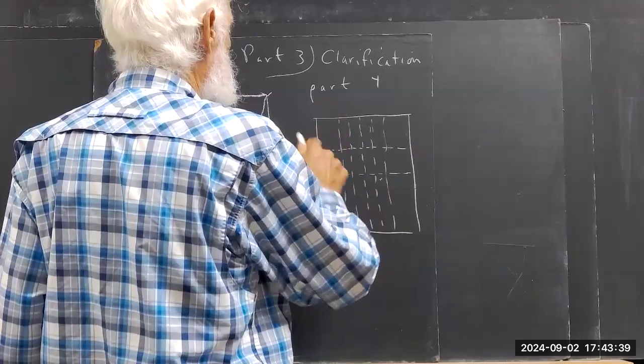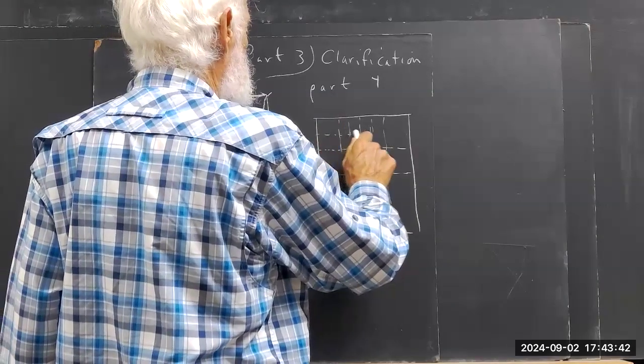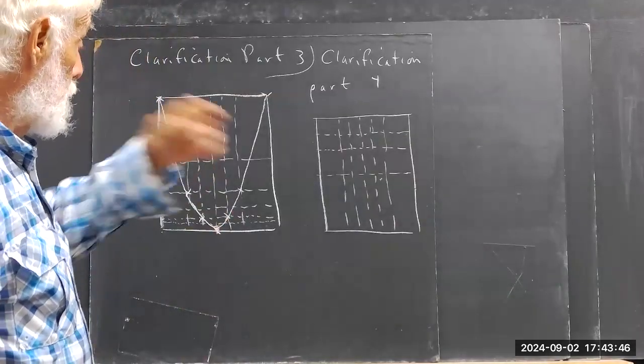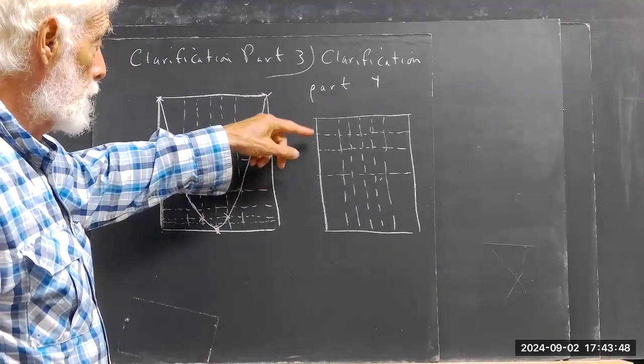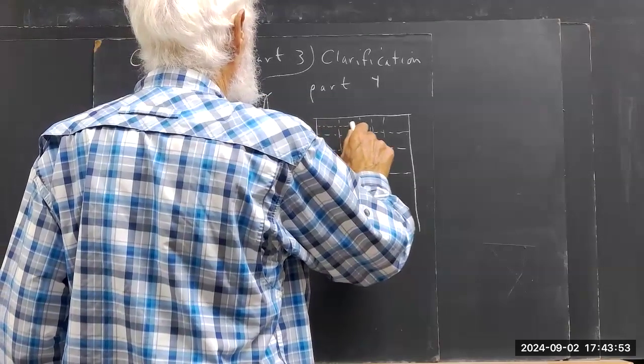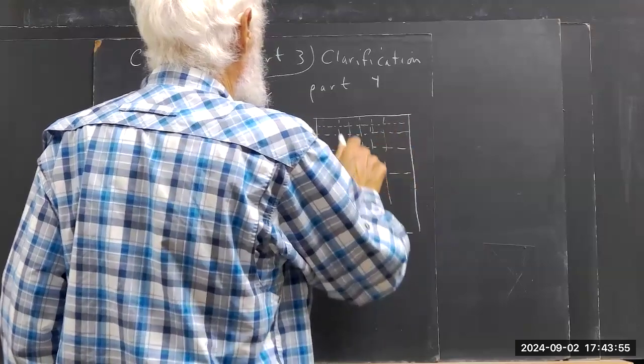Halfway to the upper boundary, I think maybe it's 2. We'll figure it out when we get there. Okay, so we go halfway from here to the upper boundary, then halfway from here to the upper boundary.